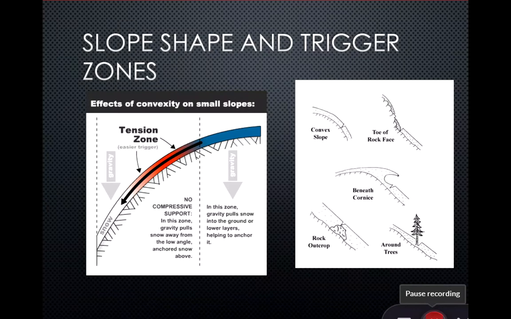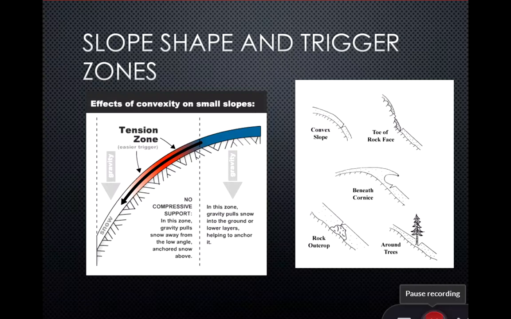There's additional stress on the snowpack or the slab at those convex rollovers. And in some places you would even have some compressive support if there were some concavities in the snow as you transition out onto the flats. But basically what we're more worried about is having a specific trigger point or stress zone there at convex rollovers.